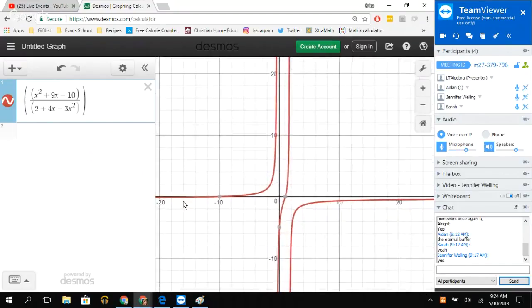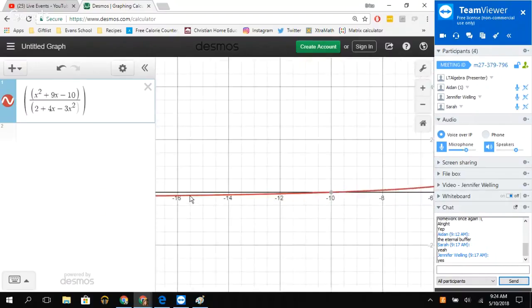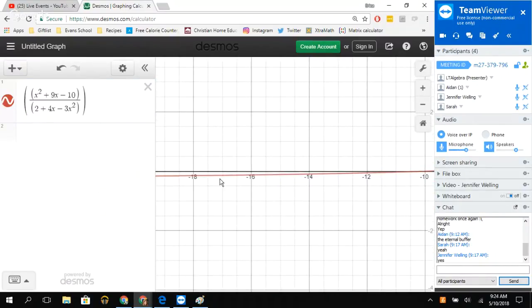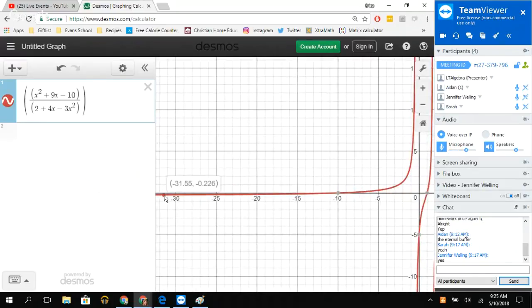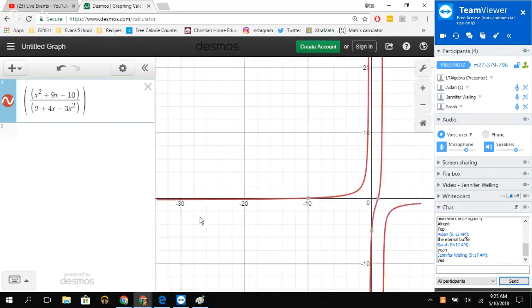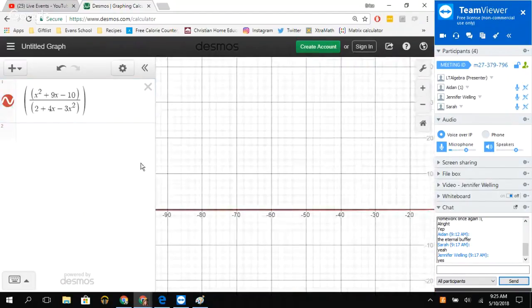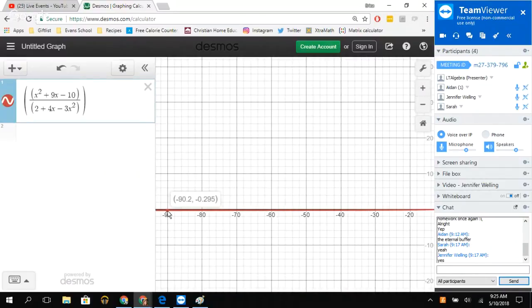Okay. So if we scroll in here, you can see we're looking at the limit as we approach negative infinity, right? And if I pull along my graph here and I move out pretty far, I still can't get it to get there.